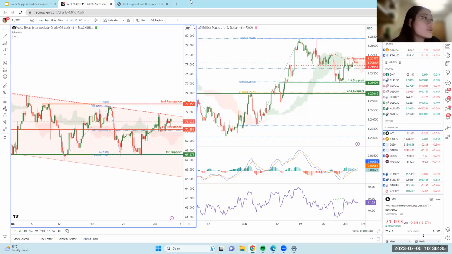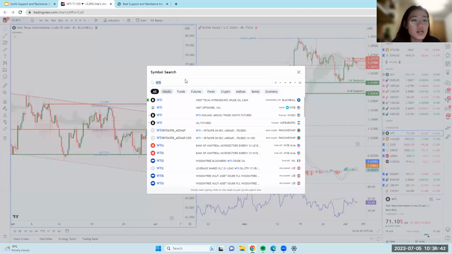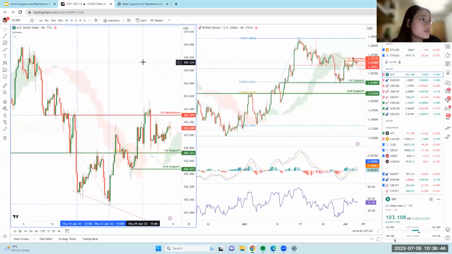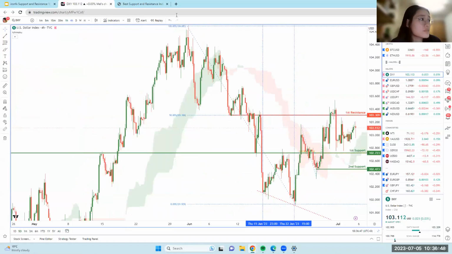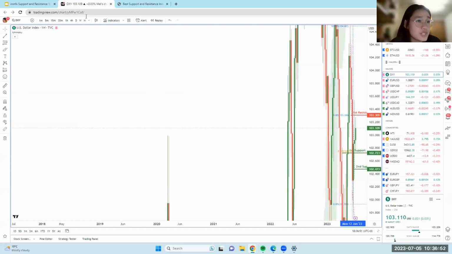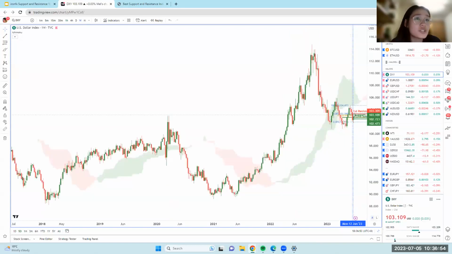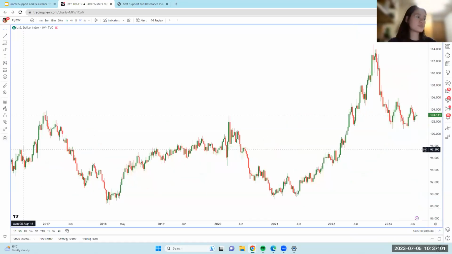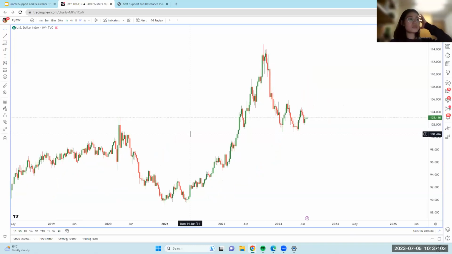While you are letting me know in the chat what you'd like to see, I'll go ahead and get started with DXY first. We typically look at the higher time frames first, just to get a general idea of where price is headed.